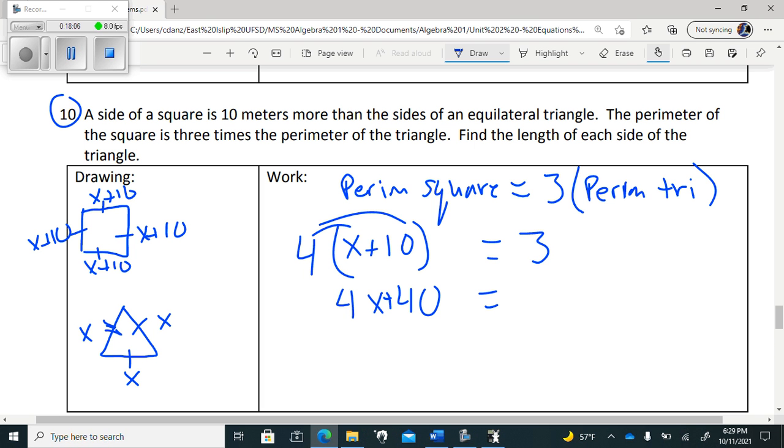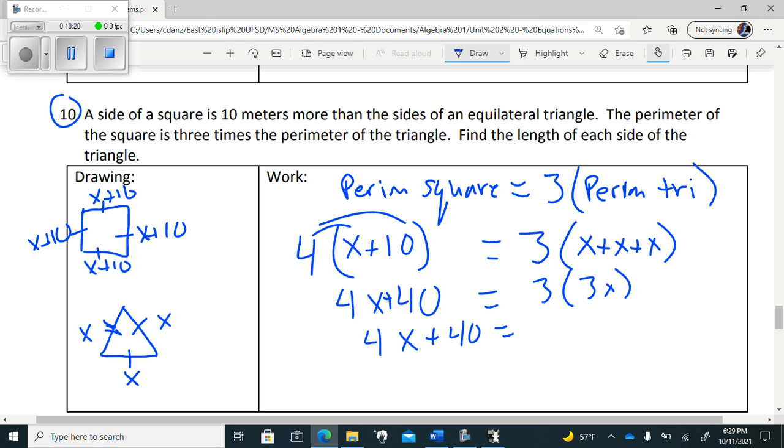And then I have to do 3 times the perimeter of the triangle, x plus x plus x. So it's 3 times 3x, which is a 9x. So I have 4x plus 40 equals 9x.